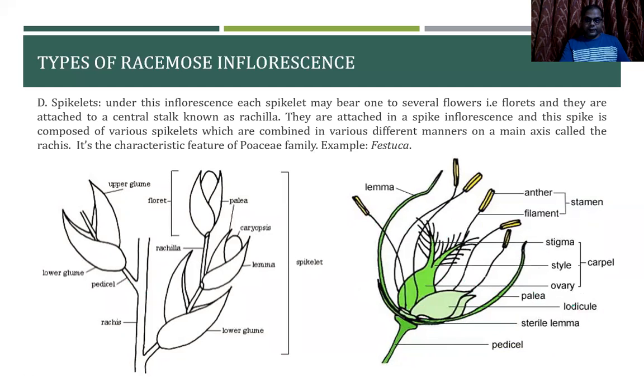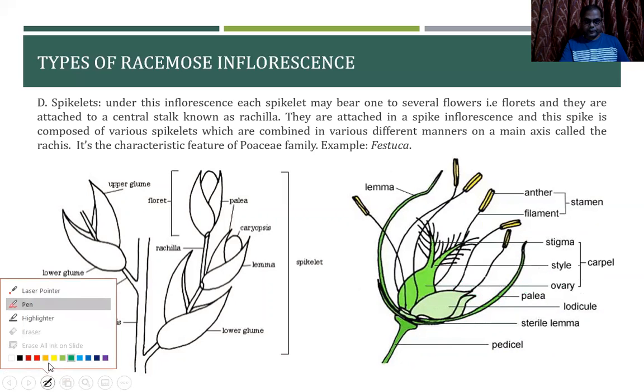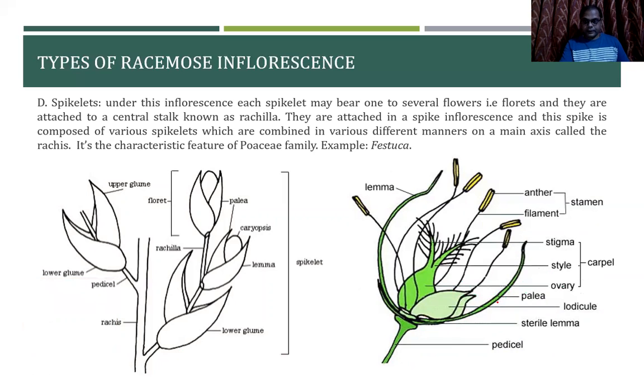And then we have got the palea here. This one is called the palea. Let me change the color so it will be easy for you to recognize it. This is the palea, and this is the lemma.